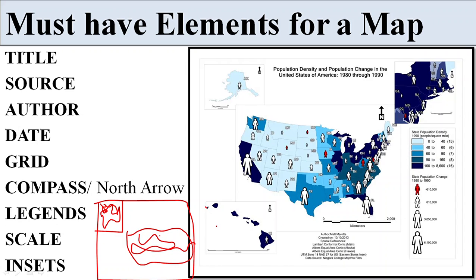These are zoomed-in information, and this is zoomed-out information, the location of everything that is on the map. So insets are used to give more detailed information about the location and the area. Like here, this region is zoomed in and shown here. That is how it works.